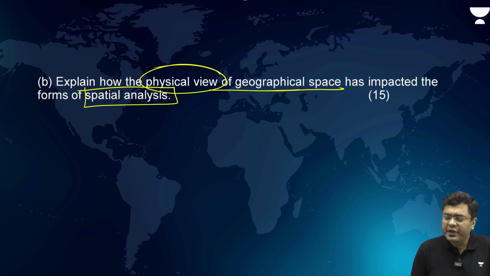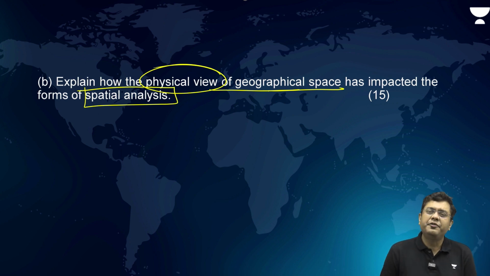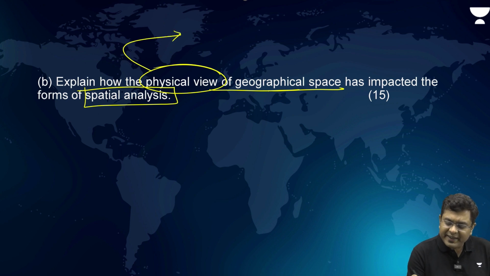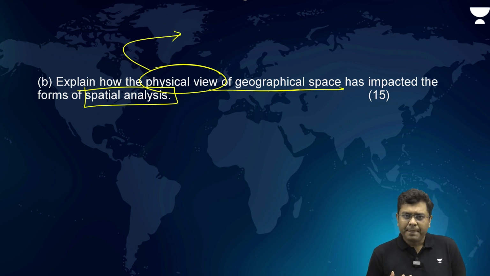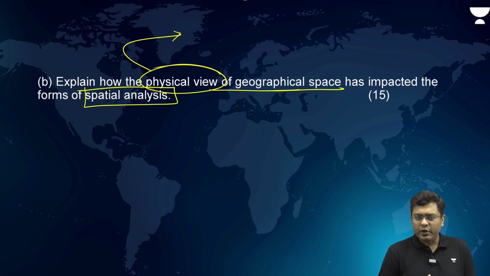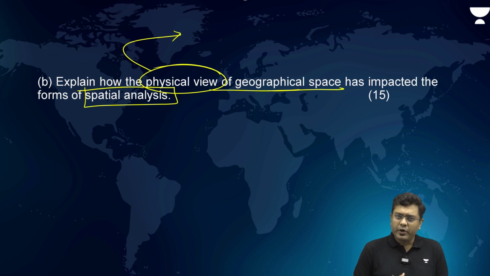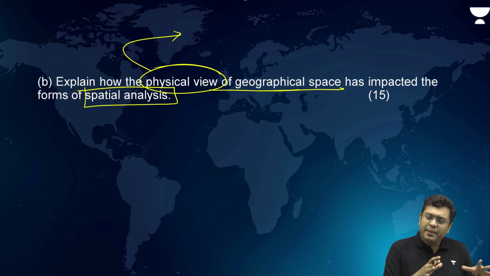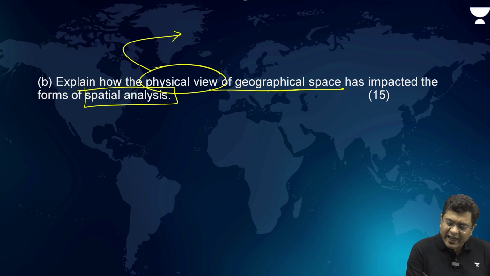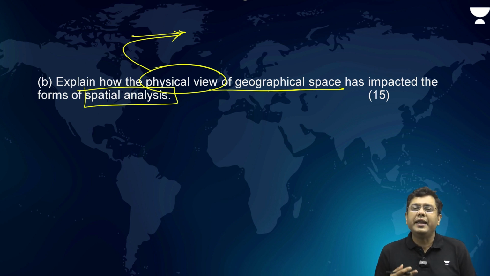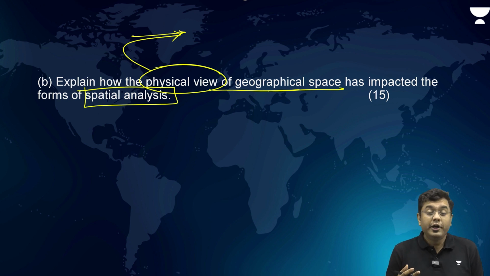So, here physical view of geographical space. What is that physical view of the geographical space? By physical view, we basically mean the location of a region. Right, the locational aspect of a particular region, the topography of a particular region, the physical determining factors of a particular region, right. So, when you have that physical view of a particular area, that is substantially helpful in understanding the various interrelations and correlations from one region to another.